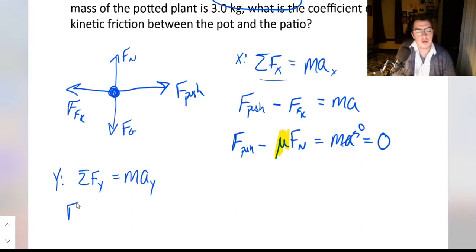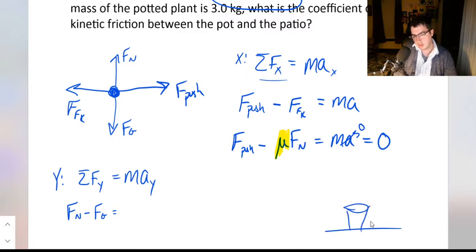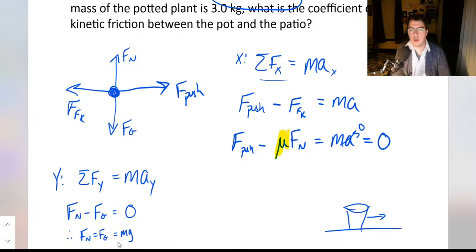Sum of forces in the y direction, we have the normal force minus the gravitational force. And in the y direction, if this pot is just, let's draw a little cartoon, right? This pot is just moving horizontally. There's no acceleration in the y direction. That equals 0. Therefore, the normal force is equal to the gravitational force, which is mass times gravity.